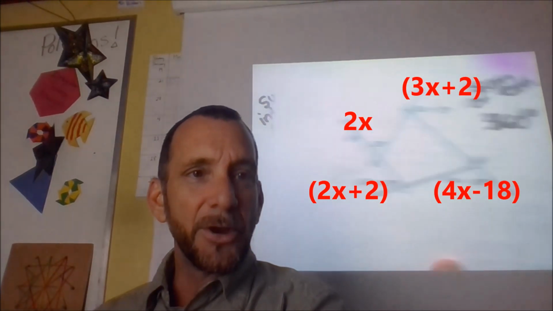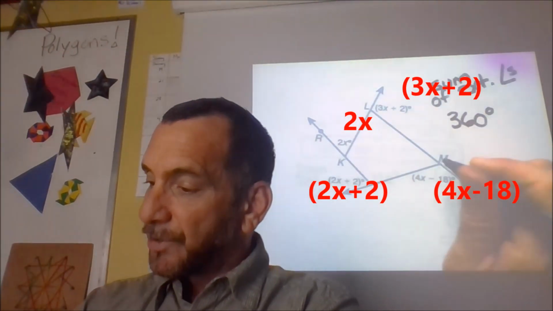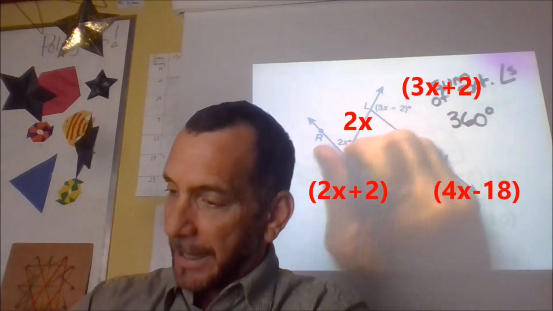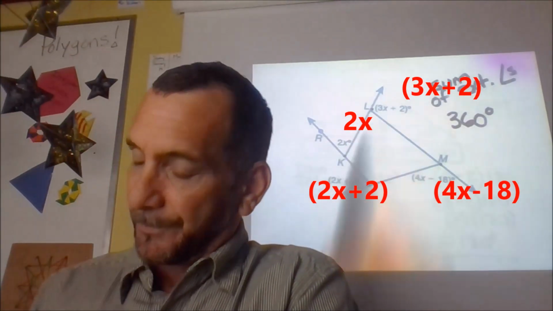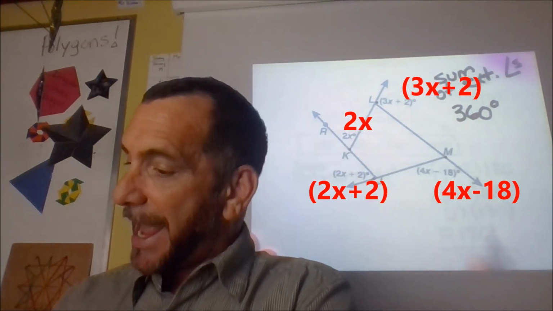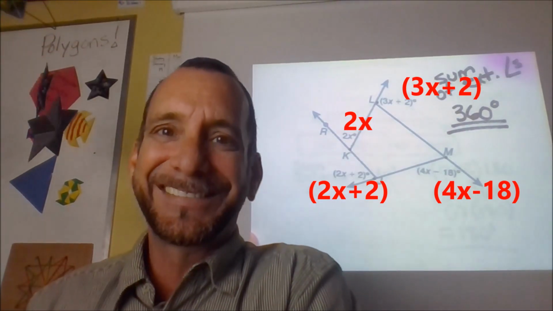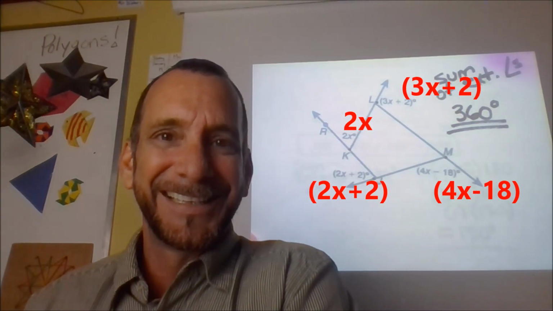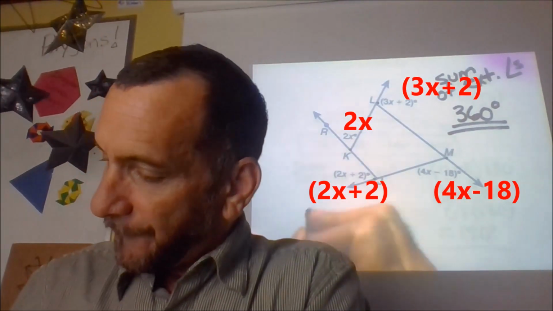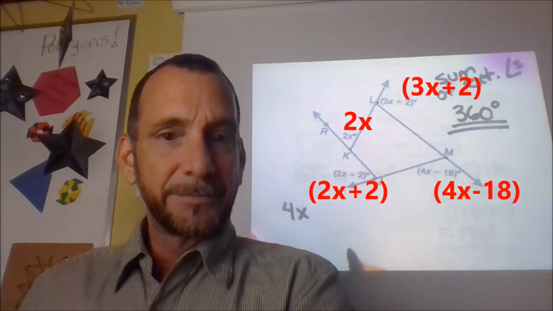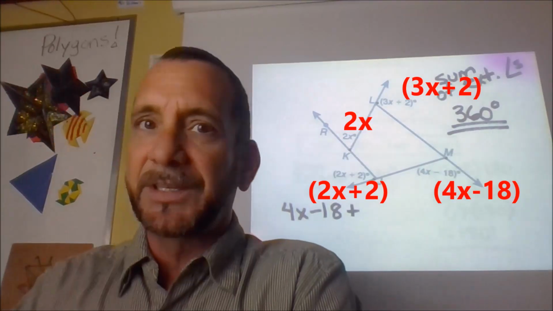Well, if we know that the sum of the exterior angles is 360 and there's one at every vertex, which means there's 4, we are going to add each of those terms and they should all add up to 360. So let's do it. Ready? I'm going to start and just go clockwise. 4x minus 18 plus, I'm going to drop the parentheses because I'm adding.